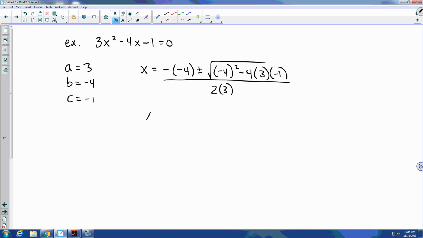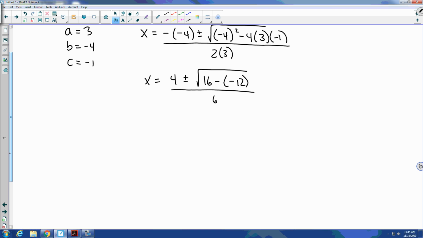Substitute A, B, and C. Negative of a negative gets you a positive. Negative 4 squared is 16 minus 4 times 3 times negative 1 is negative 12 over 6. Minus a minus gets you a positive, so we're going to have plus 28 in there.